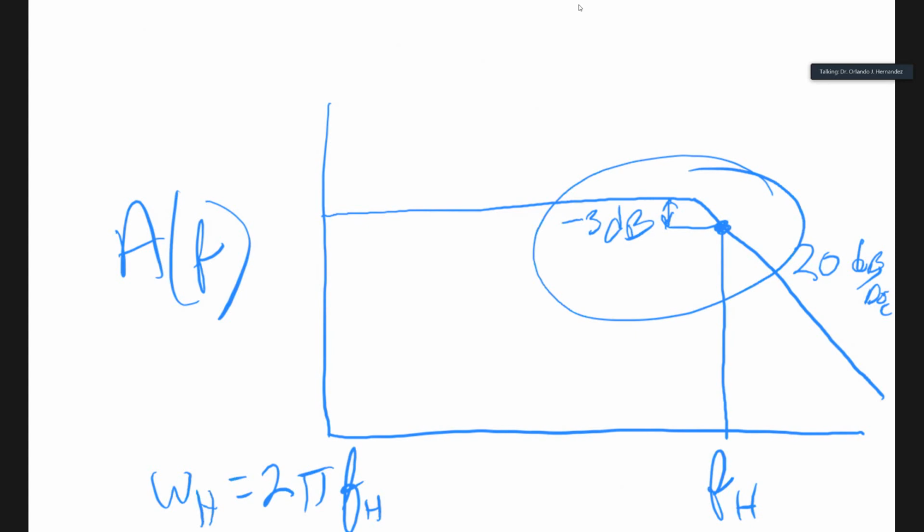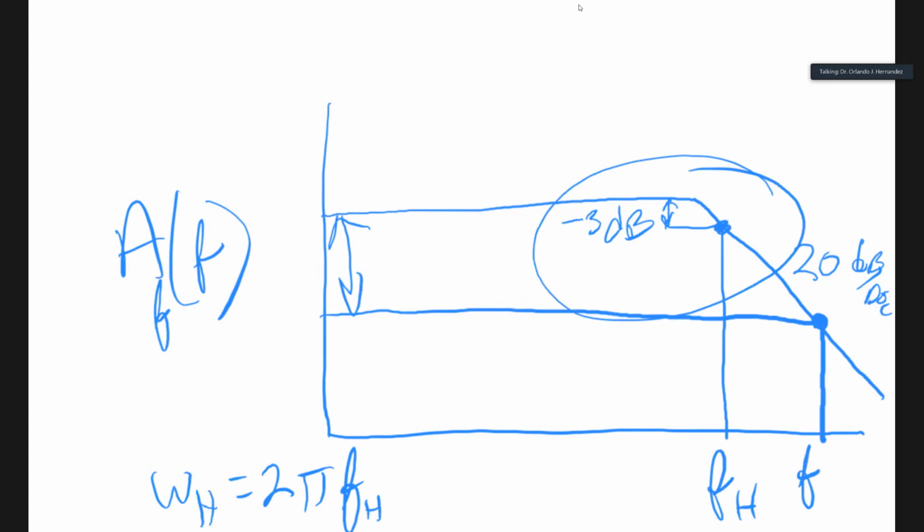And then what happens is, what we're saying is that if this now becomes the closed loop gain, you will get a reduction in gain here, an extension in bandwidth, and this would be the new closed loop bandwidth.